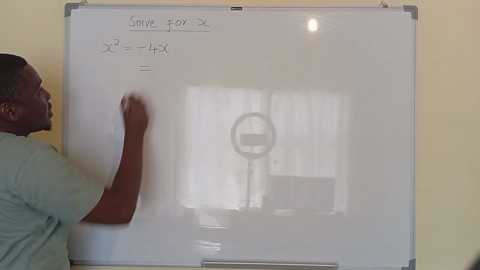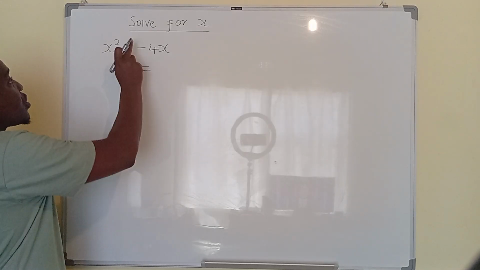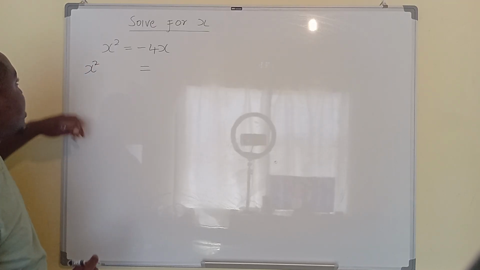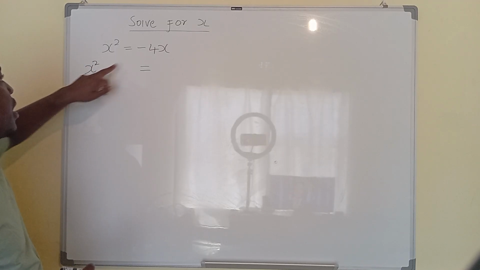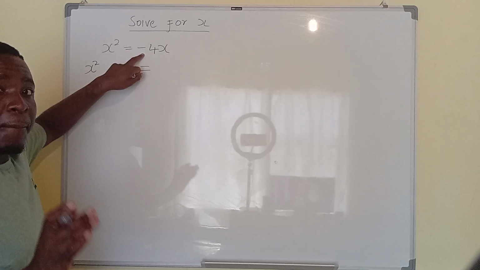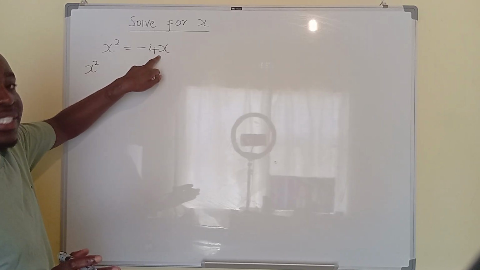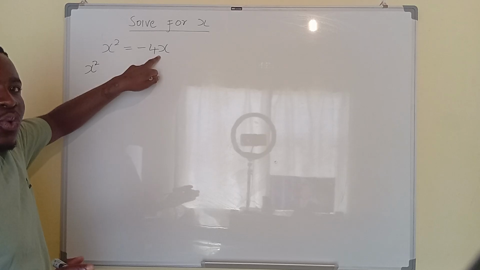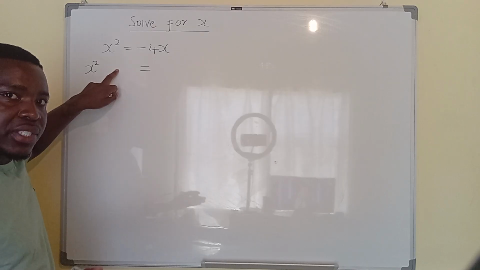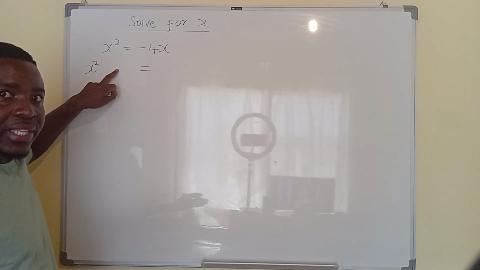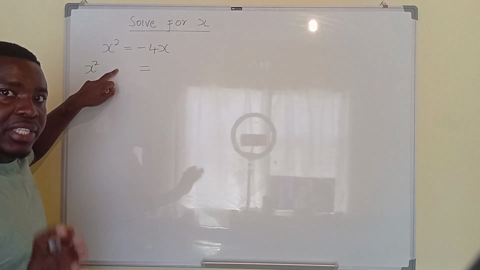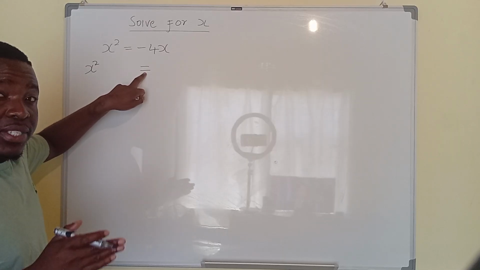I'll suggest you start by writing the equal sign, and then because we want x and we've got x squared, we just rewrite x squared here on the next step, and then look at our minus 4x. Our minus 4x is on the right side of the equation, so we want to put it on the left side. Our left side and right side are separated by this equal sign, right?